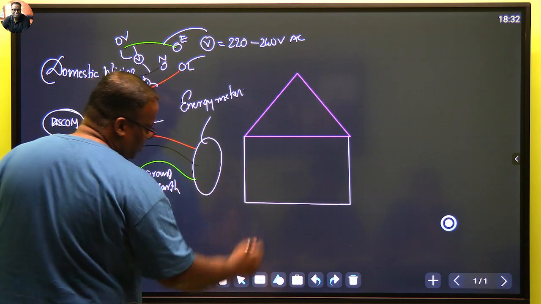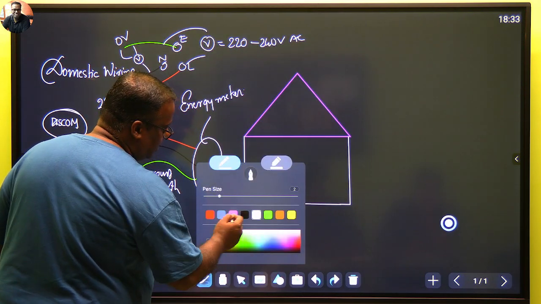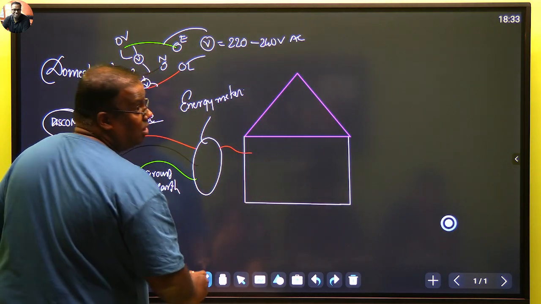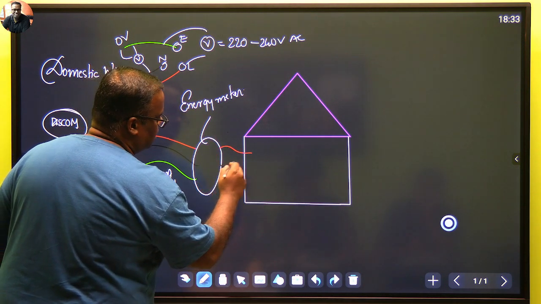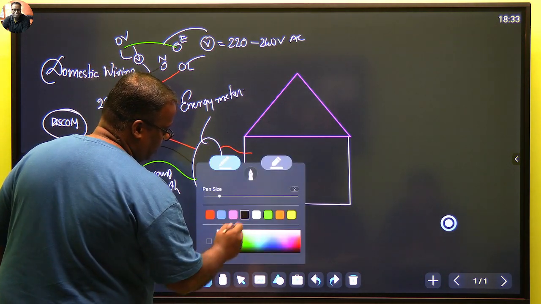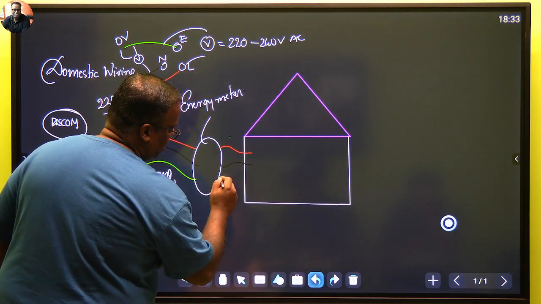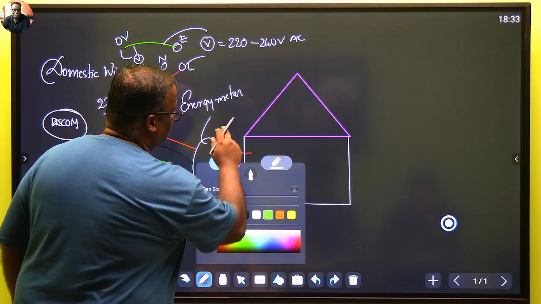So our story starts: what happens when these three wires enter my house? How much time do I have? I have less time, but let's continue. These three wires are entering my house. Okay. So earth, live and neutral have entered my house.